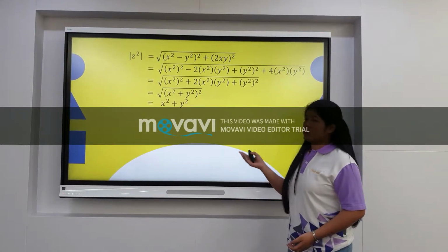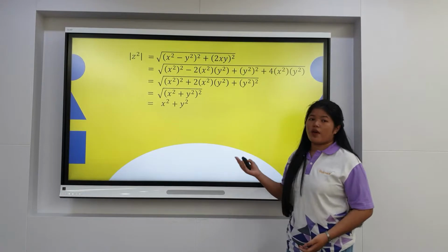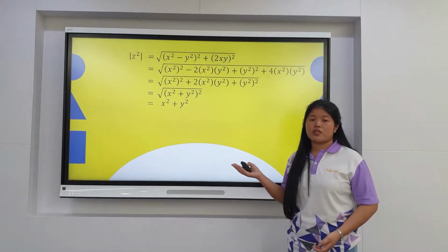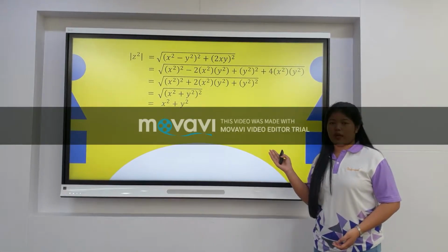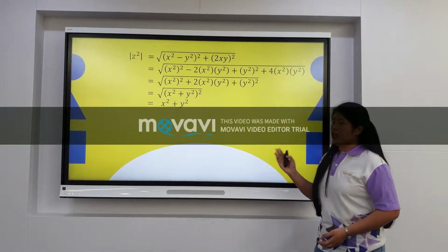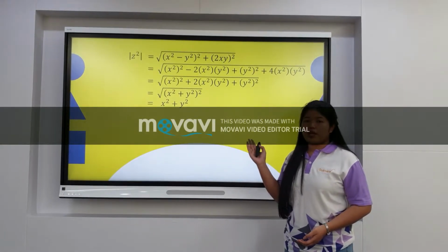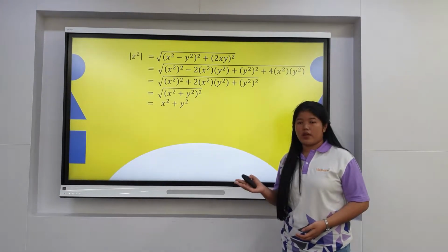And we use the distributive property, we can get the square root of x to the fourth minus 2x squared y squared plus y to the fourth, plus 4x squared y squared. And next we can get the square root of x to the fourth plus 2x squared y squared plus y to the fourth.